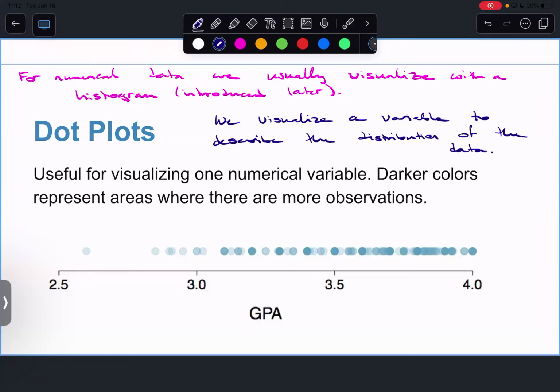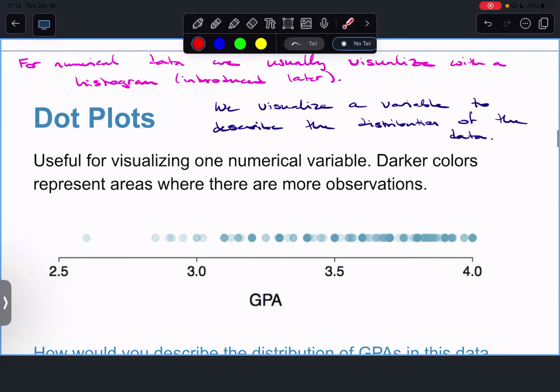So we want to know, okay, what does the general shape of this thing look like, right? And we'll throw some other things in there for the distribution, but in general, we want to look at the distribution.